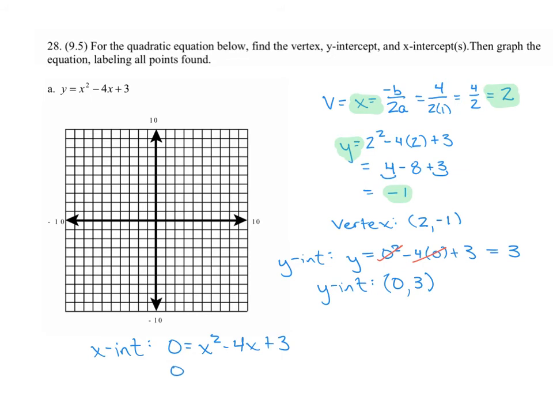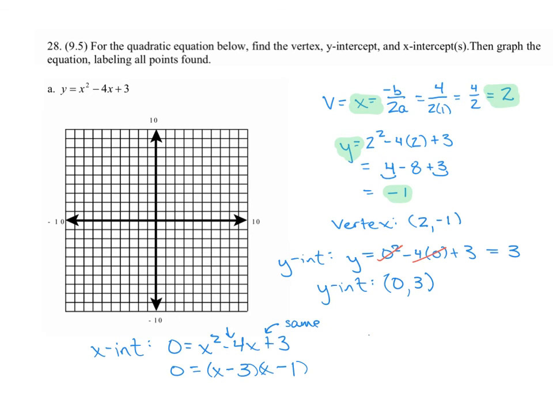So we're going to go ahead and factor this. We get x and x. Things that multiply to 3 are 3 and 1. We have same signs. Both are negative.